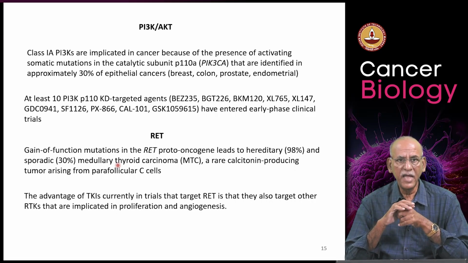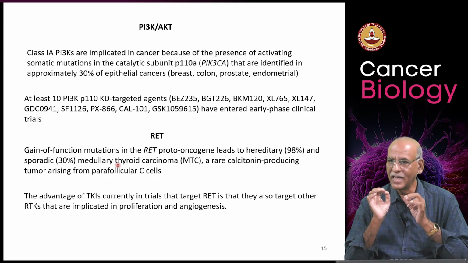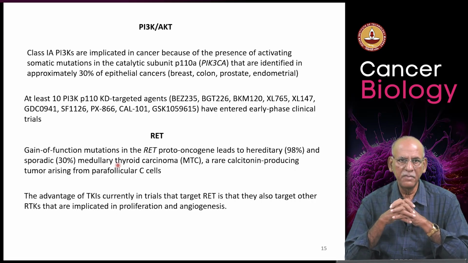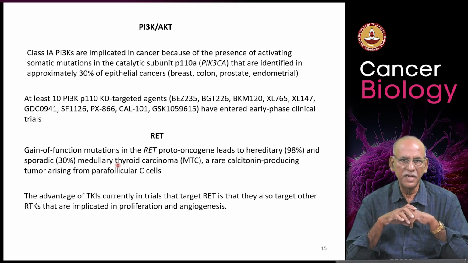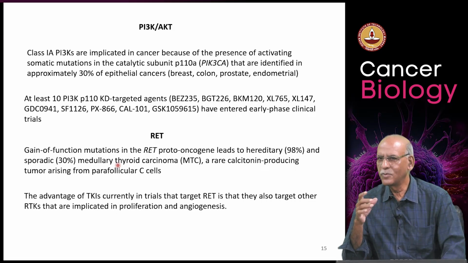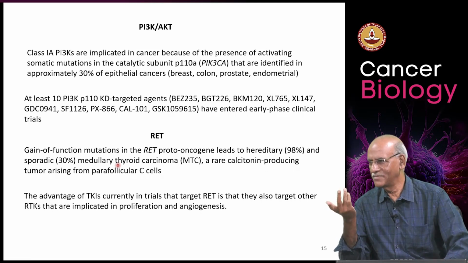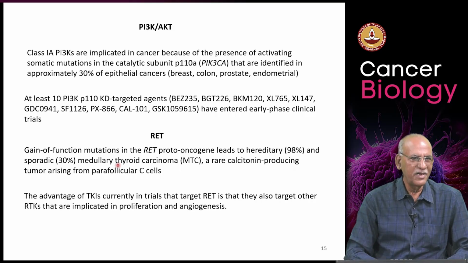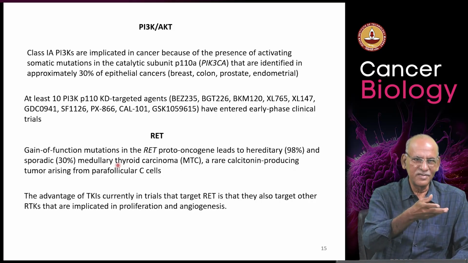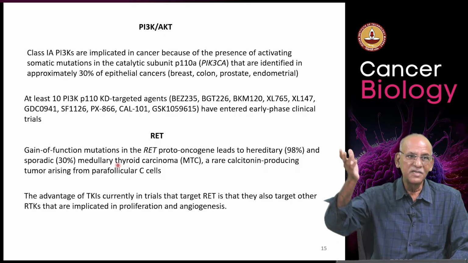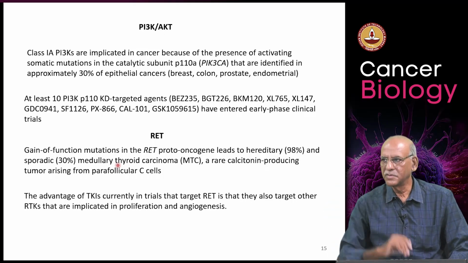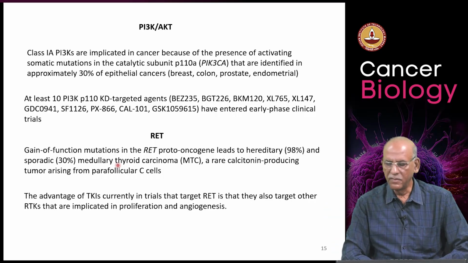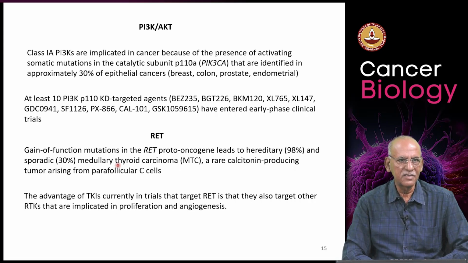These are called TKIs because they are tyrosine kinase inhibitors. They are small molecules, chemicals. To distinguish them from proteins, which are macromolecules with molecular weight in kilodaltons, we usually call the chemicals small molecules.